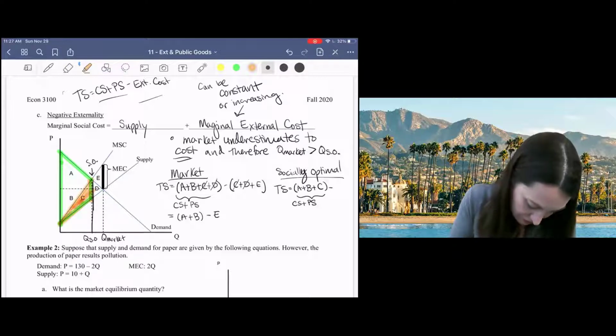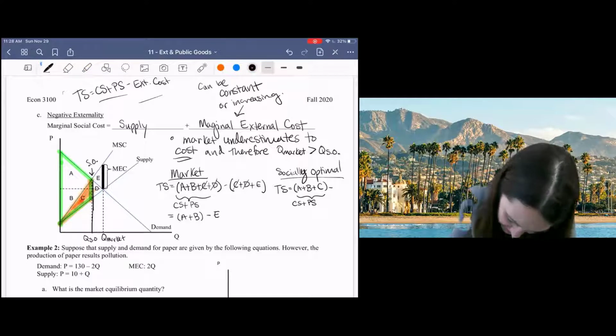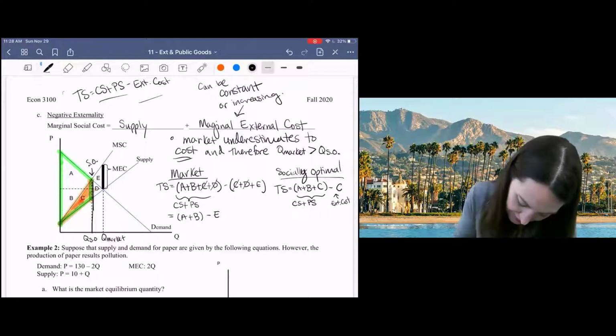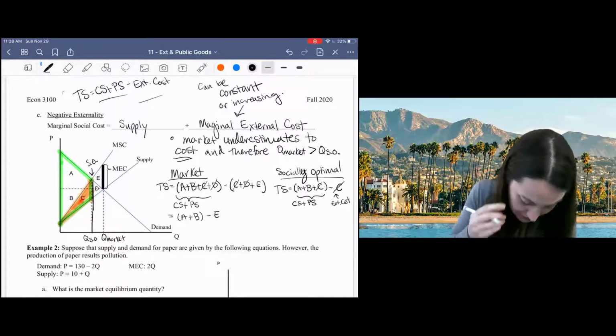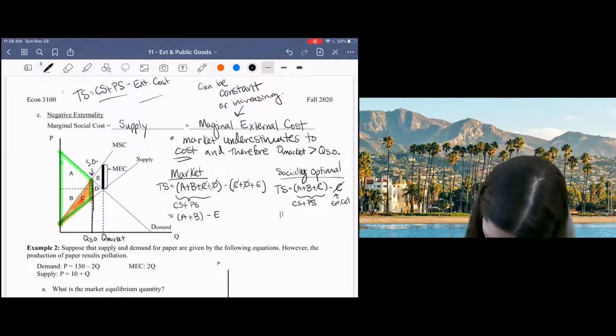So we get the area of C, so we subtract off C. And then you see that overlaps with the consumer and producer surplus. So at the end of the day, what we're left with is just A plus B.